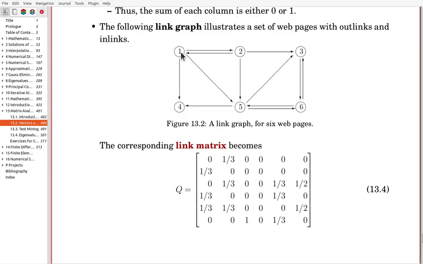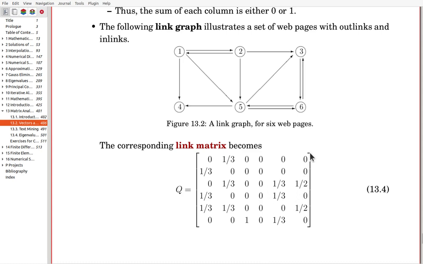So for the number 1 website, we have this column along with its outlinks. Now again, think of the fourth one. For the fourth one, there's no outlink, so that is 0.